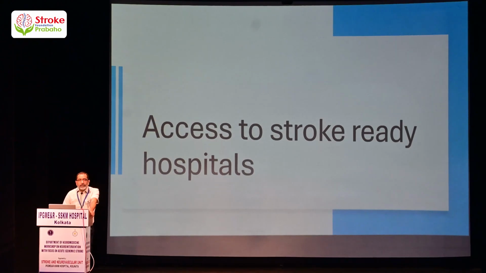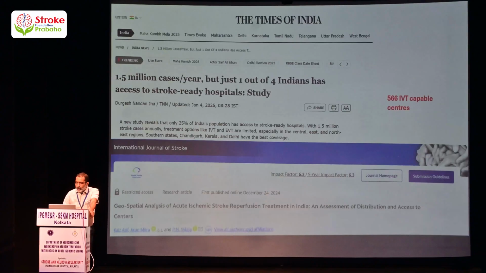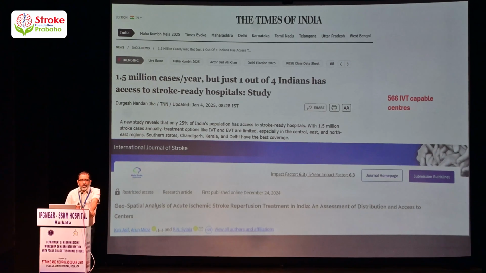Next important issue is access to stroke-ready hospital. Now, what is a stroke-ready hospital? A stroke-ready hospital is one where CT scan facility is available 24/7, where in the emergency there are doctors who can recognize stroke symptoms, who can interpret the CT scan and identify the type of stroke, who can thrombolyze the patient, and who can manage if there is any complication following thrombolysis.